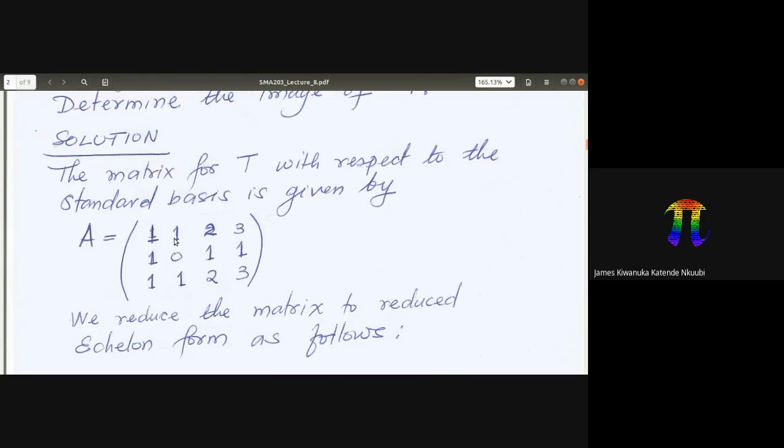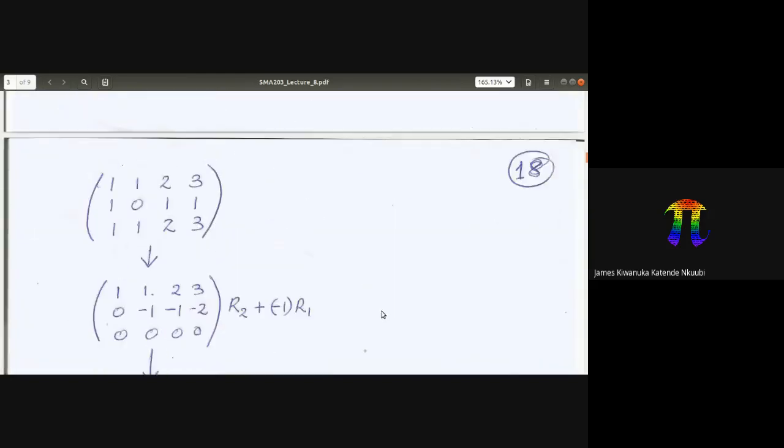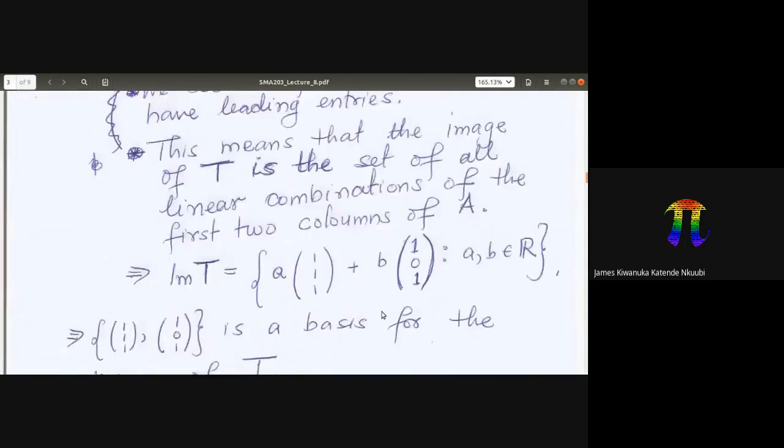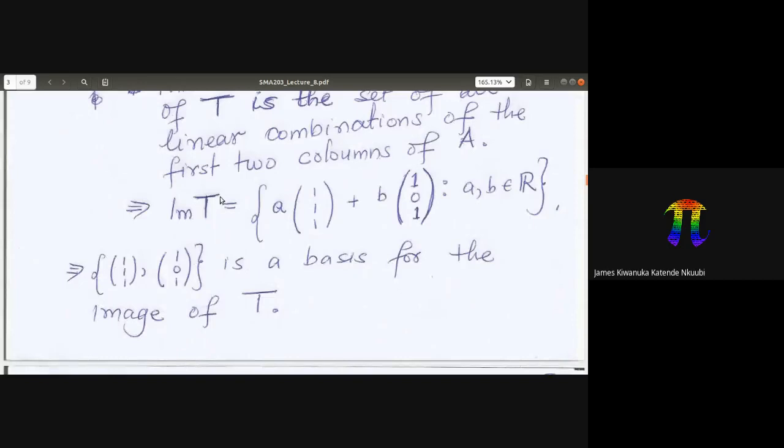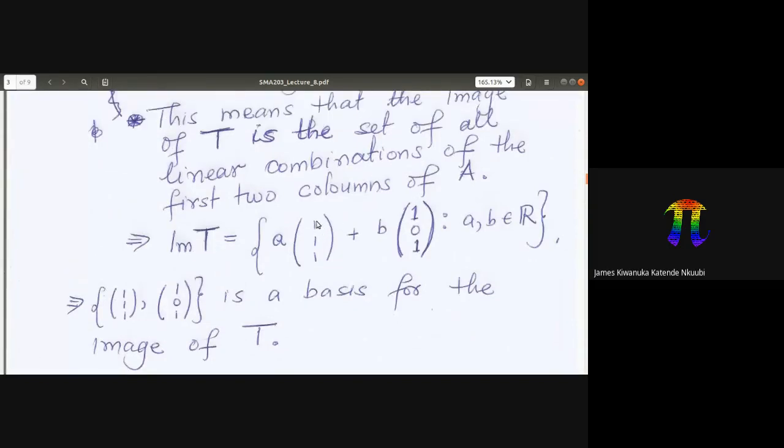So the image of the map consists of the span of the first two vectors. If we were to write that as a set, the image of T now will consist of all linear combinations of the first two columns of the matrix of the linear transformation.